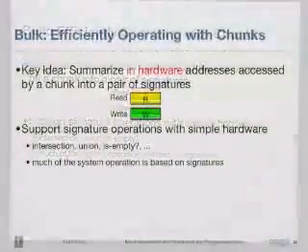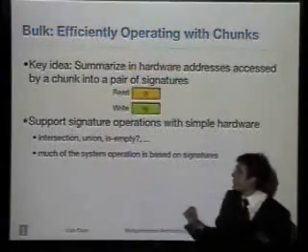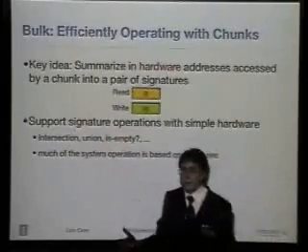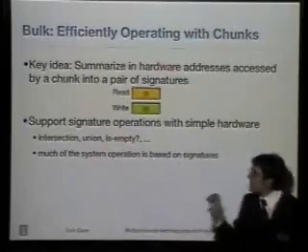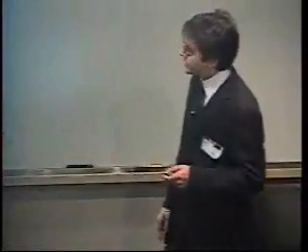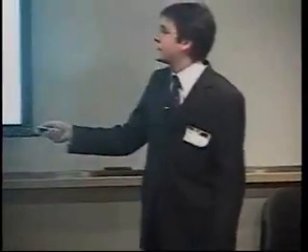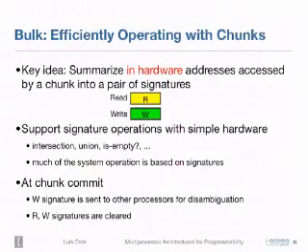And then we support signature operations with very simple hardware. The operations are intersection, union, is empty, and so on. For example, union is a bitwise OR. I'll show that much of the system operation is based on these signatures. So we operate the whole system only using signatures and signature operations. For example, when a chunk commits, it sends its write signature to other processors for disambiguation to detect if there's a conflict, and its read and write signatures are cleared.